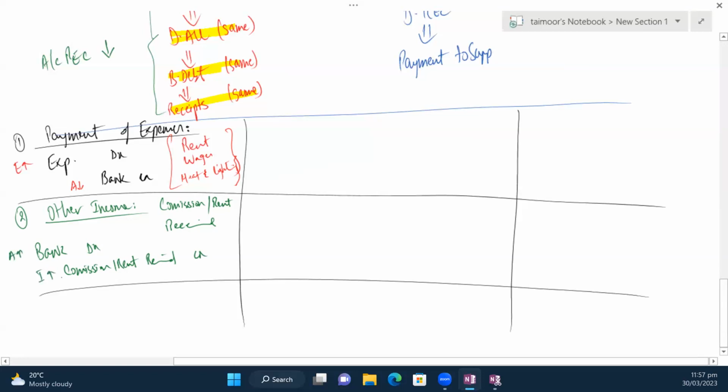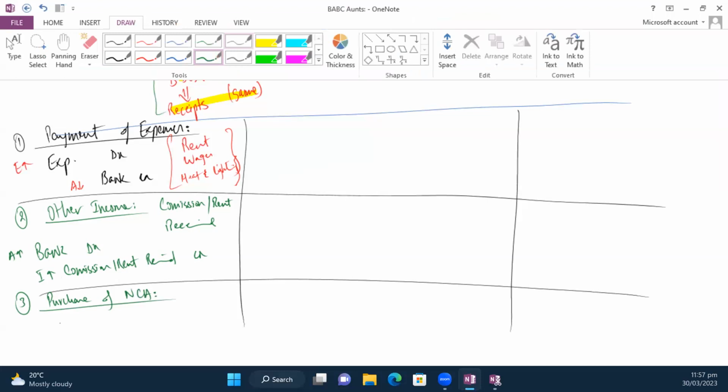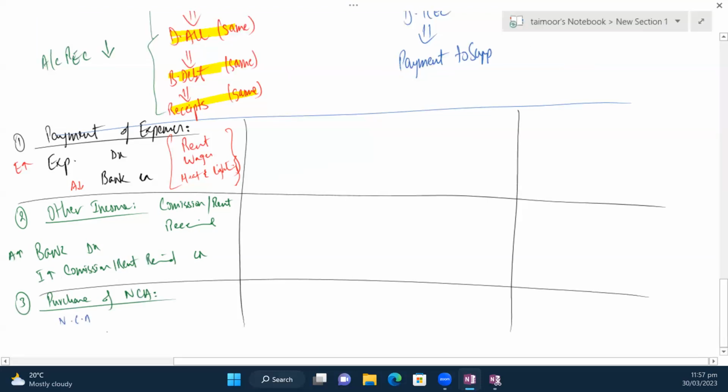ठीक है जी. उसके बाद next is purchase of non-current asset. If you are buying a non-current asset, so what will be the entry? That particular non-current asset, it could be land and building, fixtures, motor vehicle, whatever it is, debit, bank, or payable, credit.